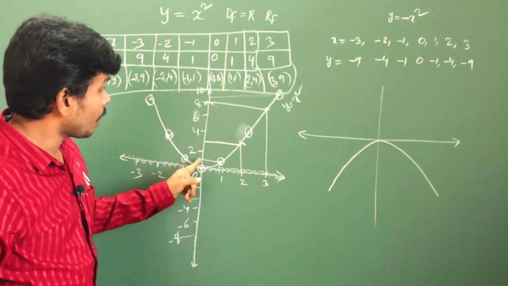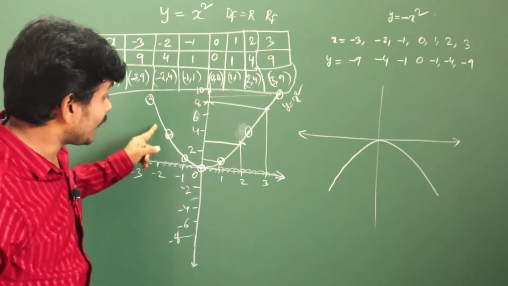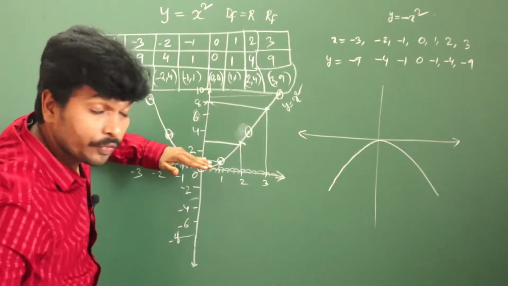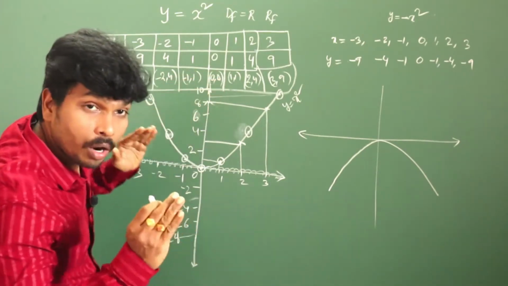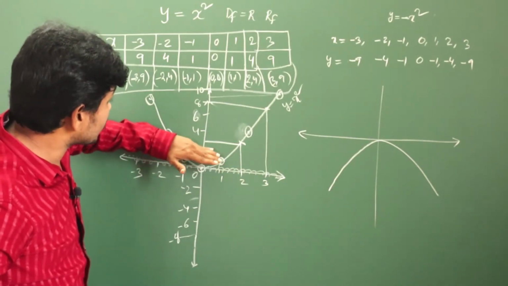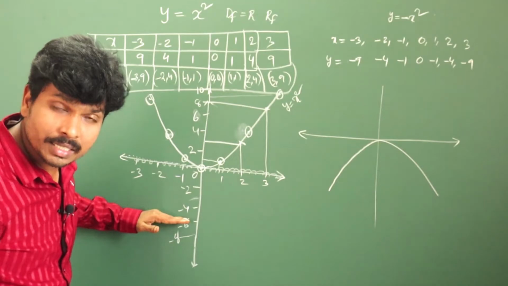So observe here, all y values are above the x-axis only, because the entire graph is above the x-axis. That we call the output. Output is always positive. Is the graph below the x-axis?